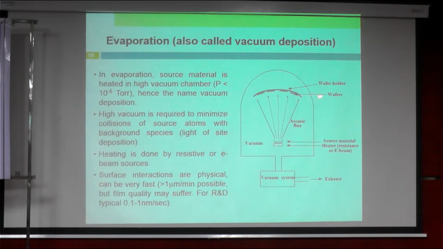High vacuum is required to minimize collision of source atoms with background species, and heating is done by resistive or E-beam. We will look into E-beam evaporation as well. Surface interactions are physical and can be very fast, but film quality may suffer. As mentioned before, evaporation might not give you the best quality of thin film in comparison with sputtering.